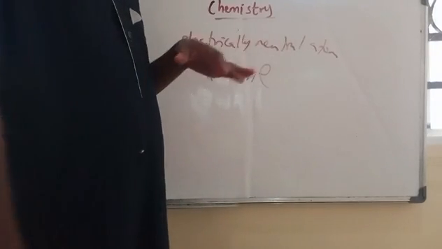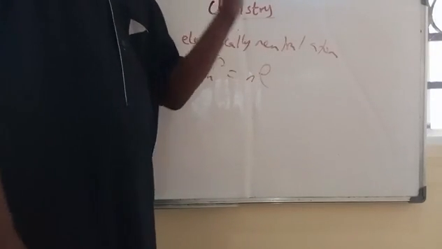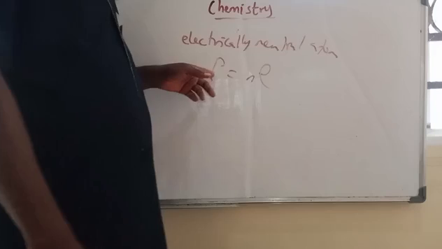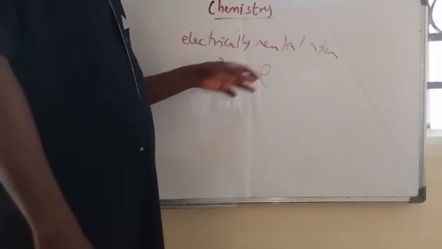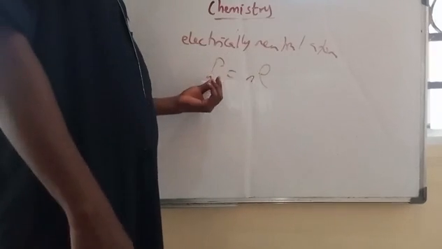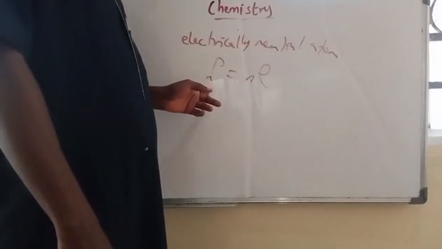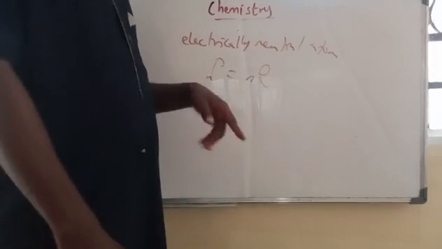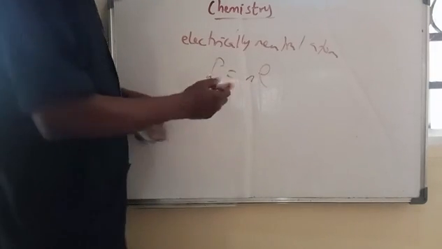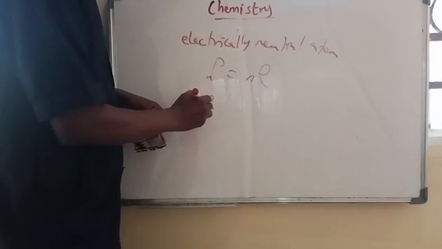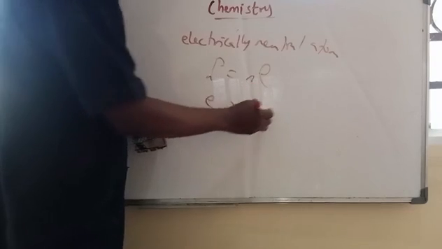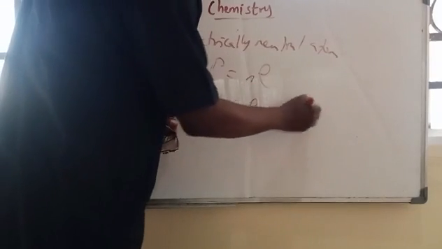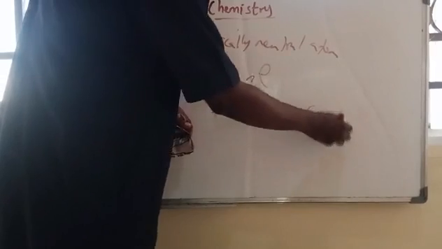But in charged particles called ions, these two are not equal. So either the number of electrons is higher than that of protons, or it is less than that of protons. When the electron number is greater than the proton number, a negatively charged ion will result.